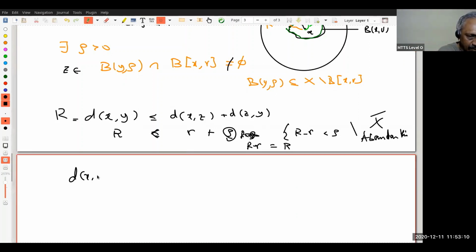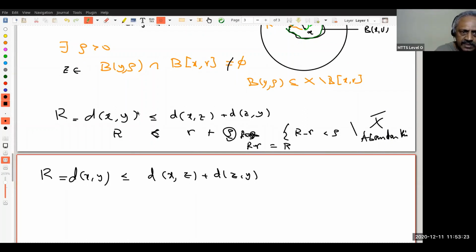The distance between x and y, which is equal to R, is by the triangle inequality less than or equal to the distance between x and z plus the distance between z and y. But z lies in the closed ball B[x, r], therefore d(x,z) is less than or equal to r. Since z lies in B(y, ρ), d(z,y) is strictly less than ρ, but ρ is R minus r. So the whole thing is strictly less than R. Are you following? But that's equal to R. So we have proved R is less than R, a contradiction.